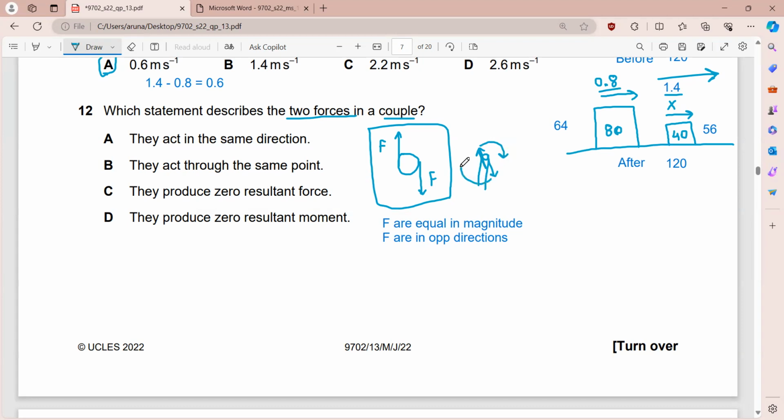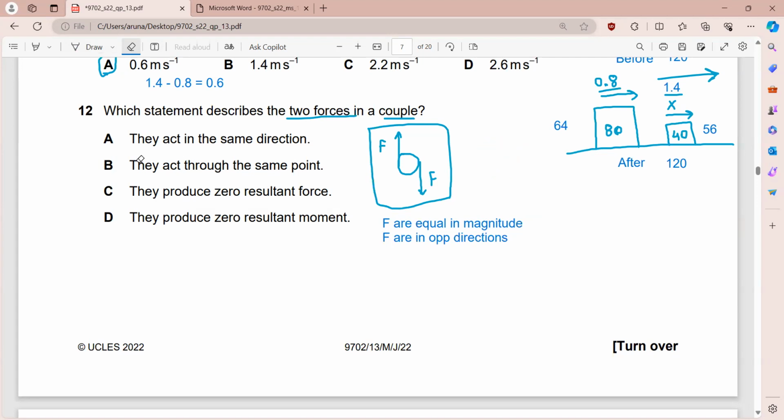In this case, it's going to turn in this direction. If this were this way and this were this way, then it would rotate in the opposite direction. So a couple basically makes it rotate. It gives you a momentum in a clockwise or anti-clockwise direction, a rotational momentum. Okay, so that's important to understand.